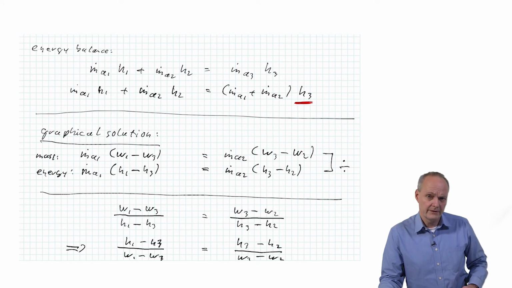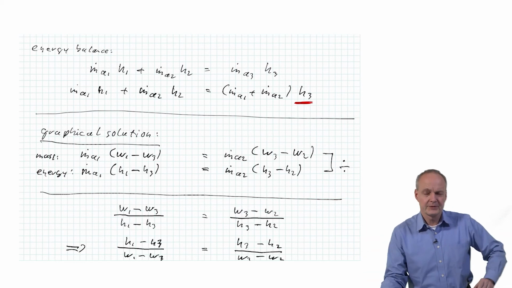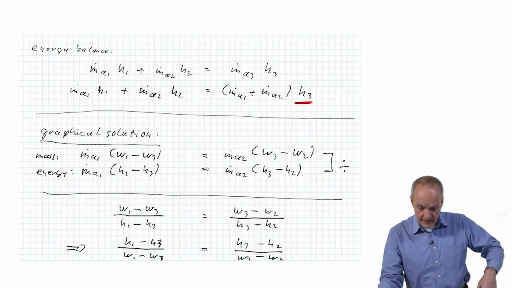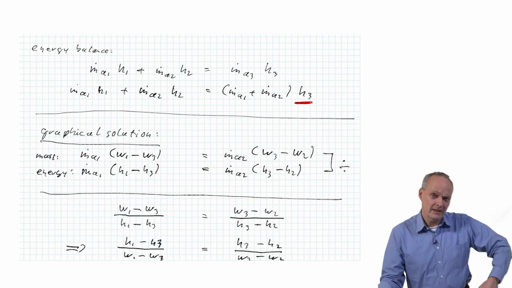What if, instead of calling this H and W, I would call it X and Y? So what would this remind you of? You may say maybe that reminds you of the slope of a straight line, right? Yes, correct.